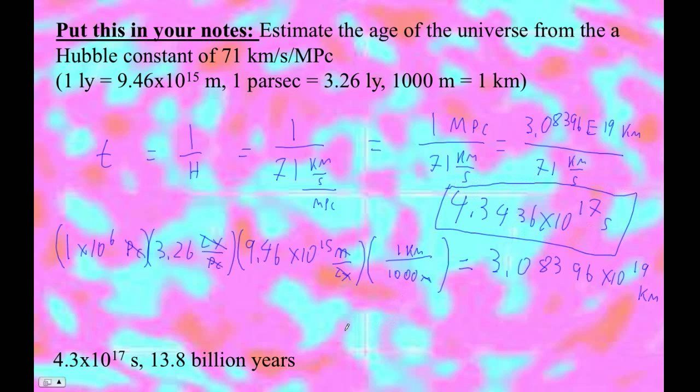Okay, and then I'm going to divide 4.3436e17 by 365.25, divided by 24, divided by 3,600. So we're going to figure out how many years there are.